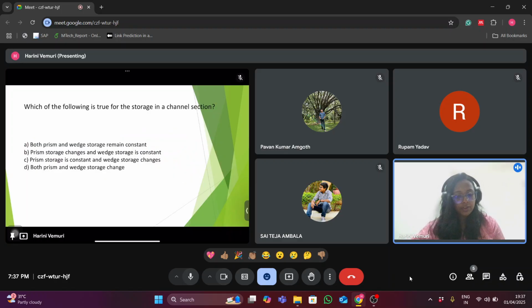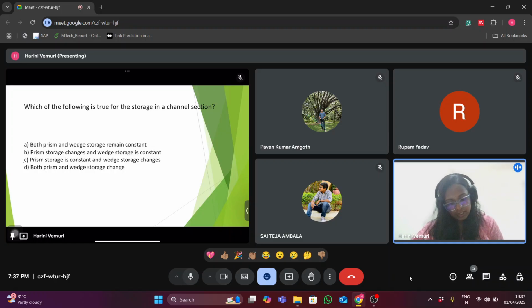So next question is, which of the following is true for the storage in channel section? Option A, both prism and wedge storage remain constant. Option B, prism storage changes and wedge storage is constant. Option C, prism storage is constant and wedge storage is changing. Option D is both prism and wedge storage change.